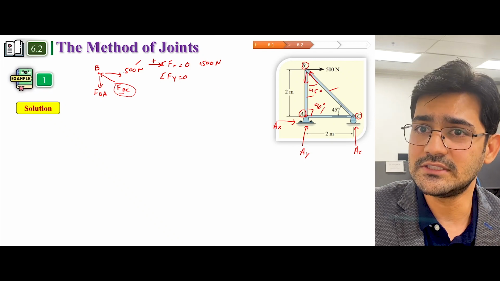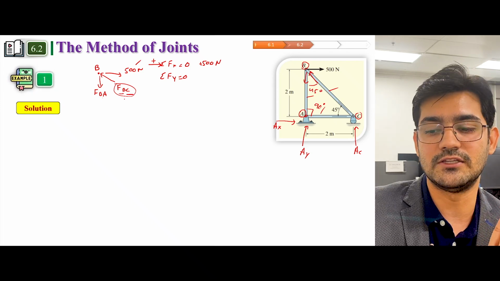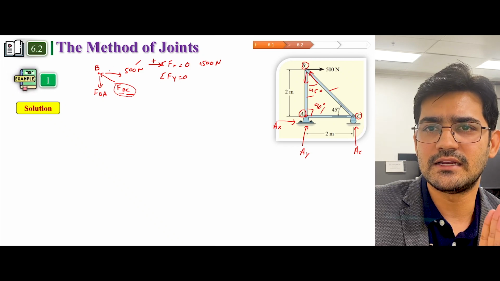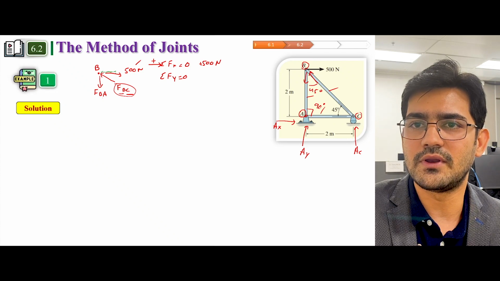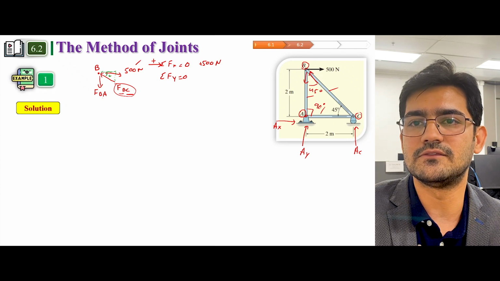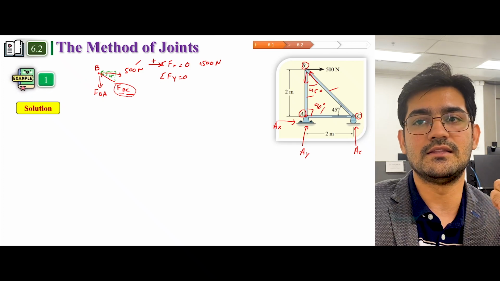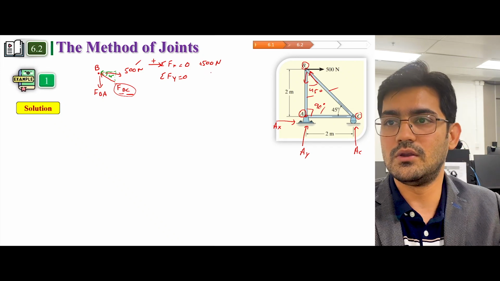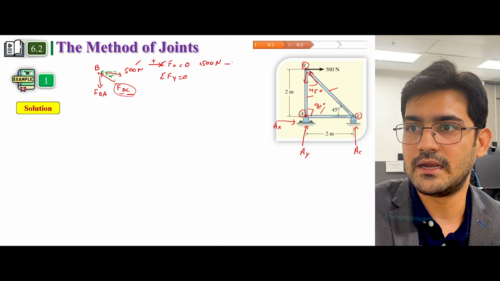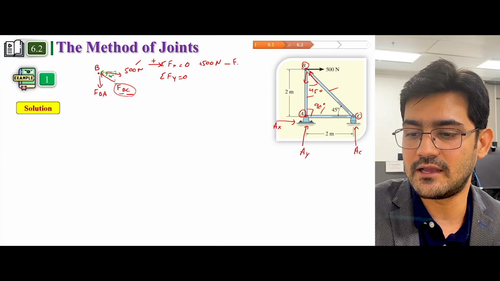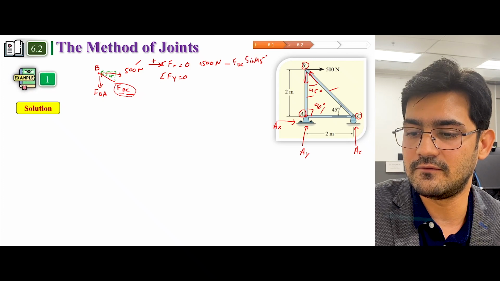So this is resolved. Now we have to resolve this force into two components, one horizontal and one vertical. This would be its horizontal component, and this is its vertical component, and this is 45 degrees. The horizontal component is directed to the left, so we'll put a minus because it's in the opposite direction, and its horizontal component is F_BC sine of 45 degrees.